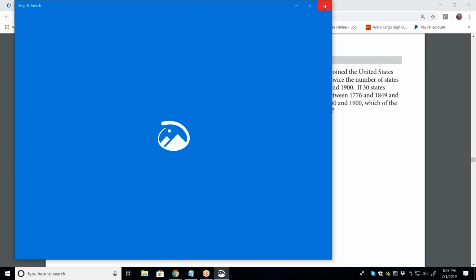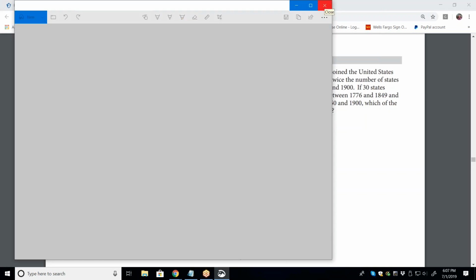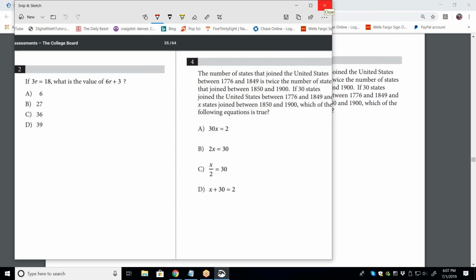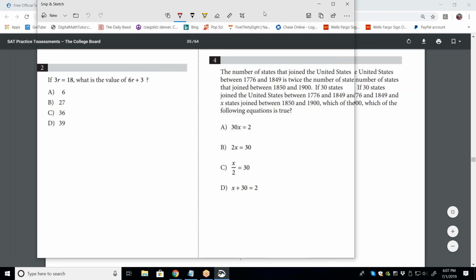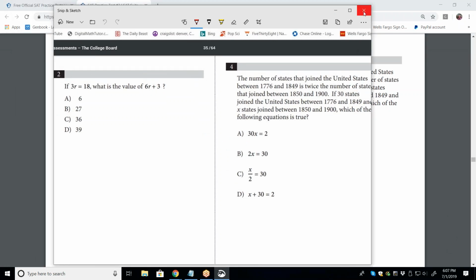Hold on a second. What is going on here? That's interesting. I got a totally new thing that showed up on my computer. Snip and sketch. Can't close it out. What is going on here?